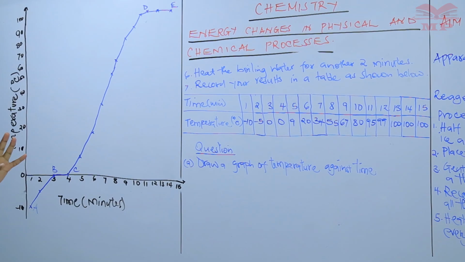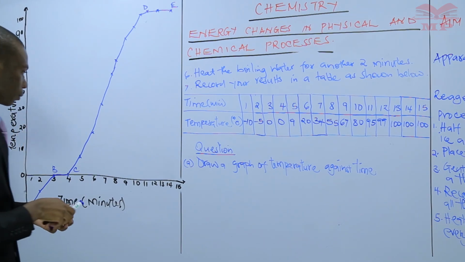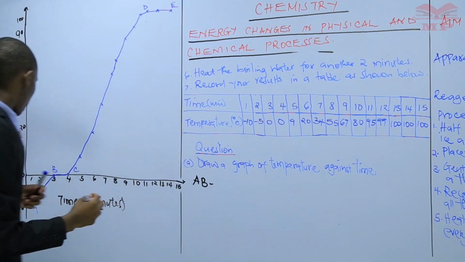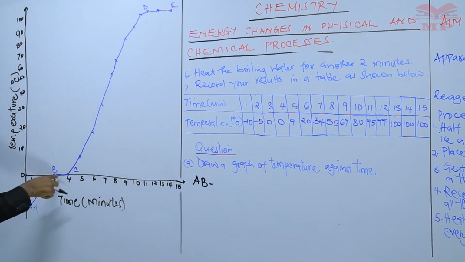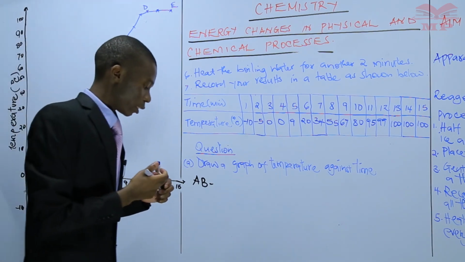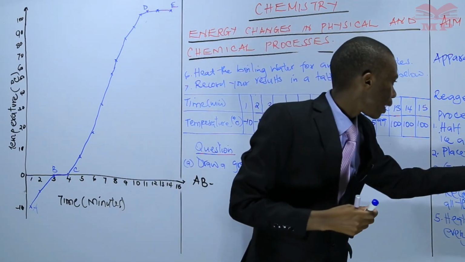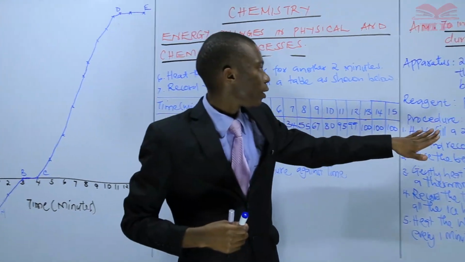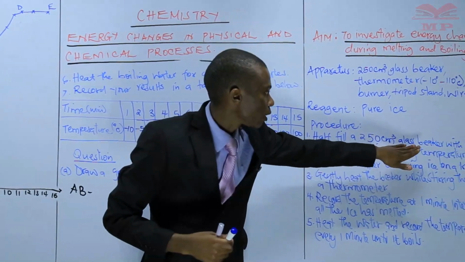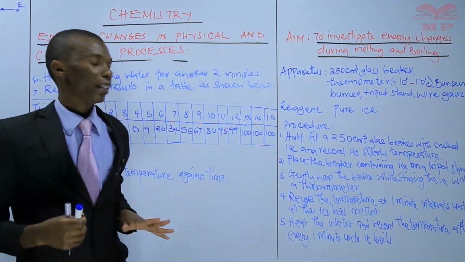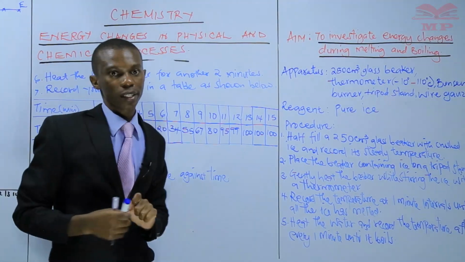So if you are to explain what happens between point A and B, what happens between point A, B? This is a point AB. So what happens in point AB? In our procedure, half fill the 250 centimeters cubed glass beaker with crushed ice and record its steady temperature.